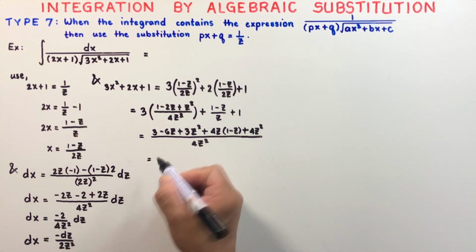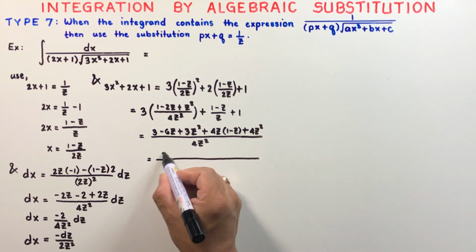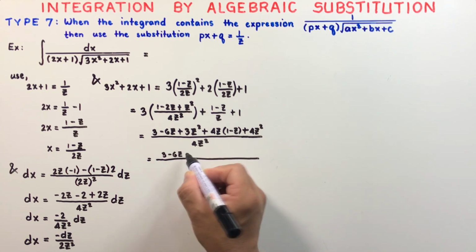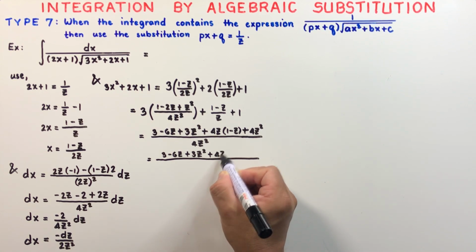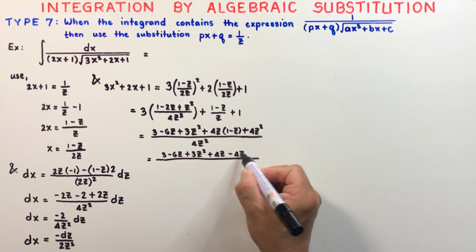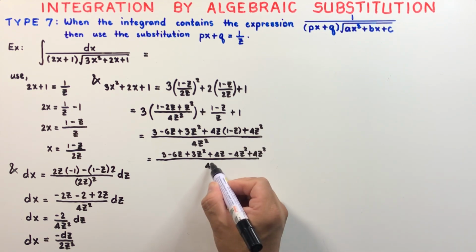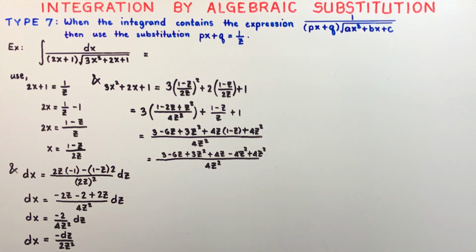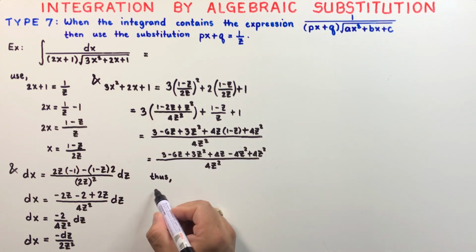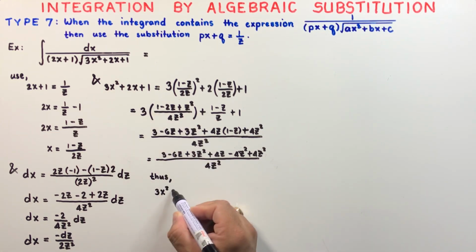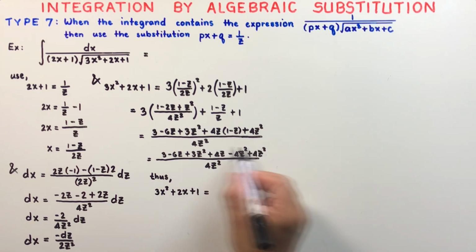Now, distributing our 4z to this binomial, we have 3 minus 6z plus 3z squared plus 4z minus 4z squared plus 4z squared over 4z squared. So therefore, our trinomial, this one, 3x squared plus 2x plus 1 is equal to this fraction here.